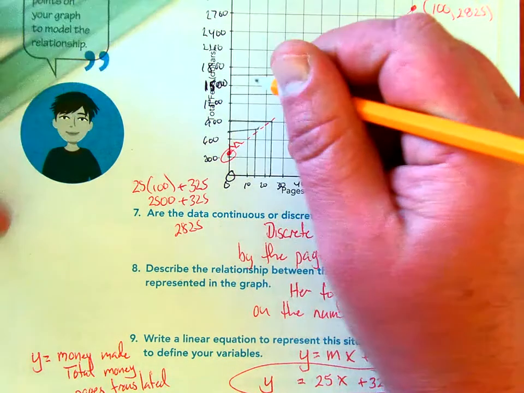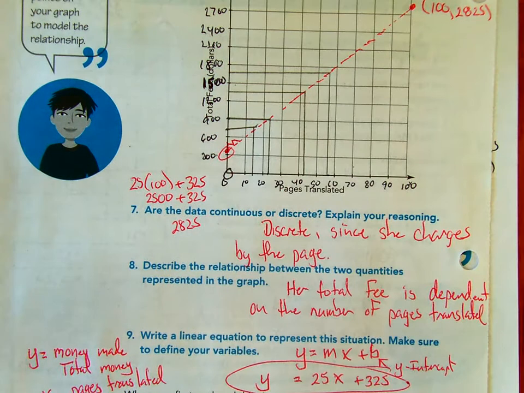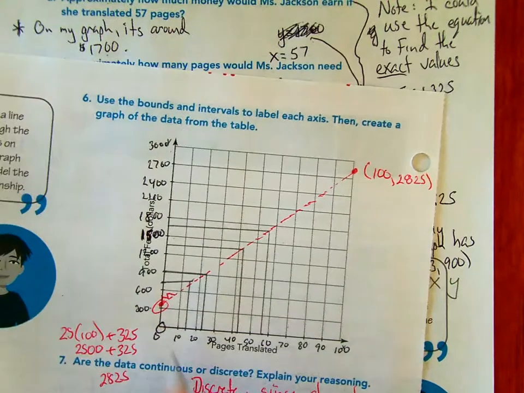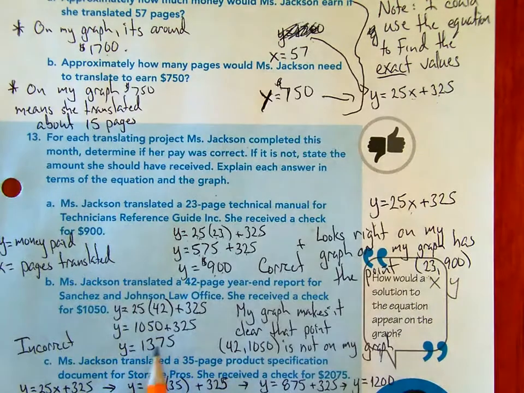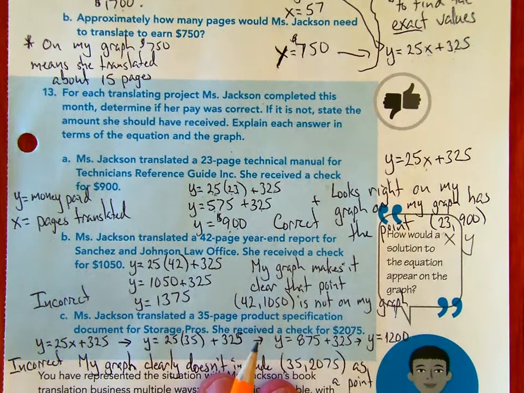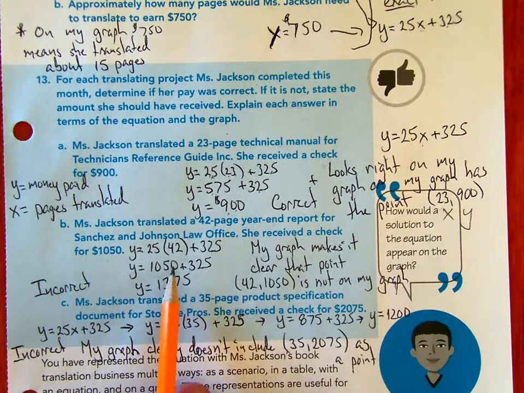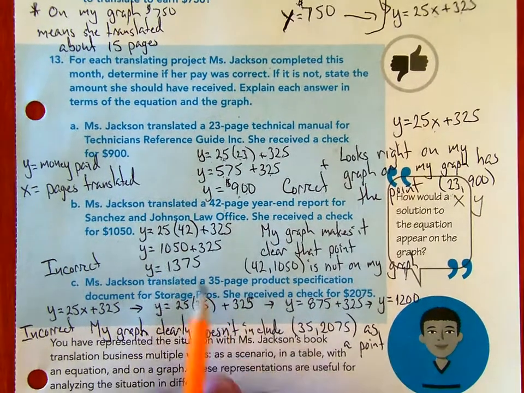And my line comes out between $1,200 and $1,500, money that she should have gotten paid. So if she only got paid $1,050, I'm thinking this is going to be a major mistake. Either my graph is way off, or there's a problem. So let's plug into the equation and see what it should be.